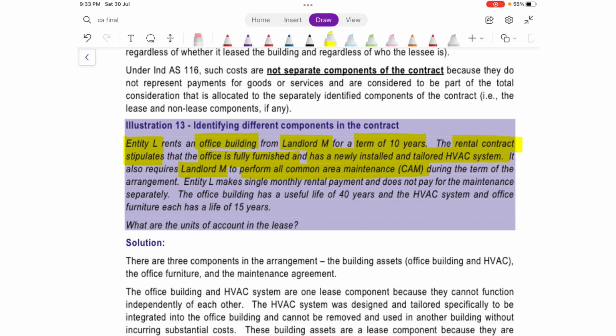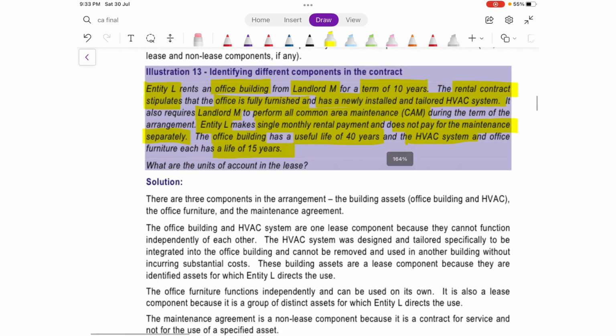The lessor itself. Entity L makes single monthly rental payments and does not pay for the maintenance separately. They don't make any separate payment for maintenance. The office building has a useful life of 40 years and the HVAC system and the furniture have a life of 15 years. So what are the units of account in the lease?